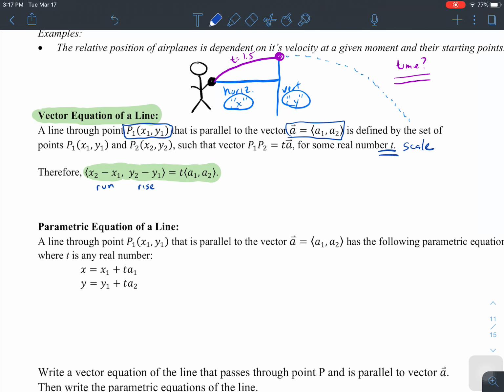So I'm going to use the same type of formula for a vector equation. I'm going to find a way to just plug it in the way we're used to. So notice when we're dealing with this, we're going to have the same idea. We're going to subtract x's to get our run, we're going to subtract y's to get our rise, and we're going to have time times this. So we're going to come back to that.